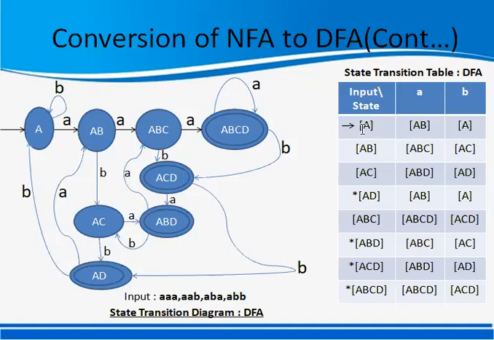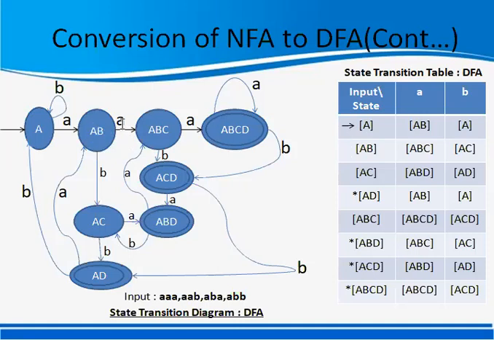Starting from the initial state A, on input small a, the next state will be AB. On input small b, the next state will be A itself. Now we will see state AB.